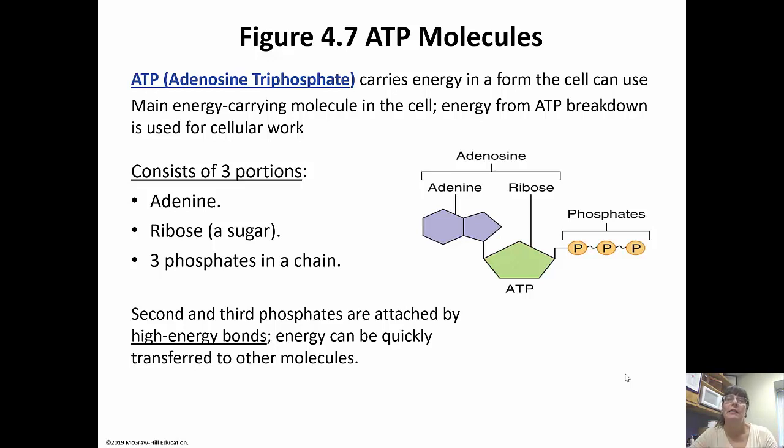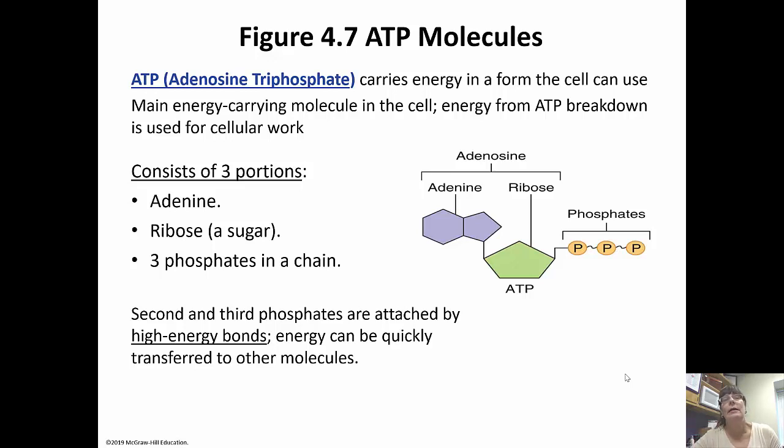Now that third phosphate group is really unstable and it has a lot of energy in that bond. So if you break off that third phosphate, it can then attach to another molecule and give its energy with it. So it can fuel a reaction that could happen. And then you can attach that base again and you have your ATP back.